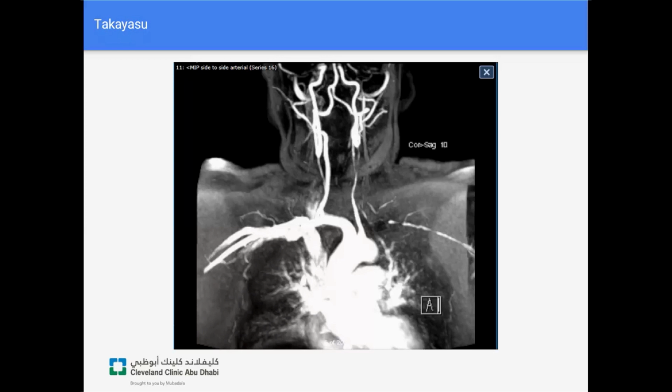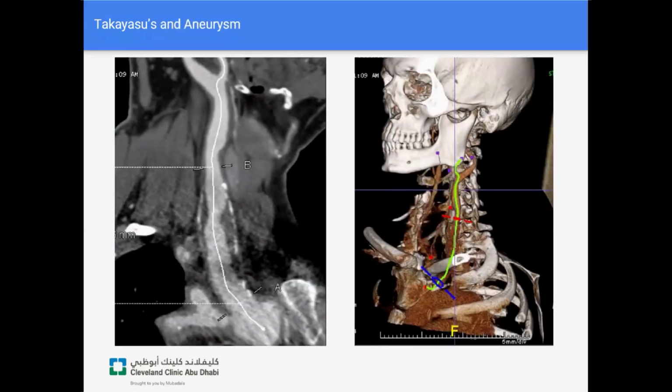It's a young man with Takayasu's whose other great vessels are occluded, but this one and a vertebral, I think, was patent. This patient's common carotid became aneurysmal once the disease was in remission for several years, and it was lined with this dark material.